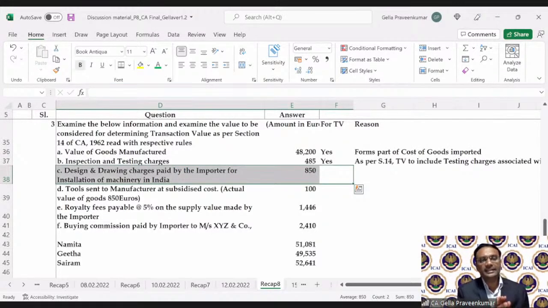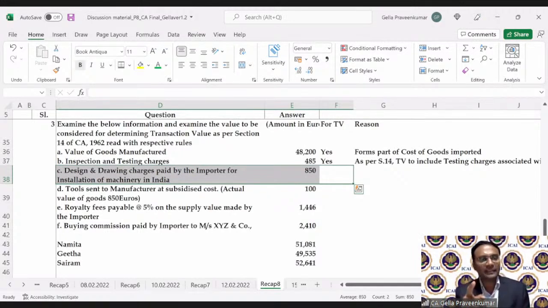Next, moving on. Design and drawing charges paid by the importer for installation of machinery in India. Now, this particular 850 euros, was it incurred by the manufacturer in the foreign nation? Answer is no. Is it incurred by the importer in India? Answer is yes.